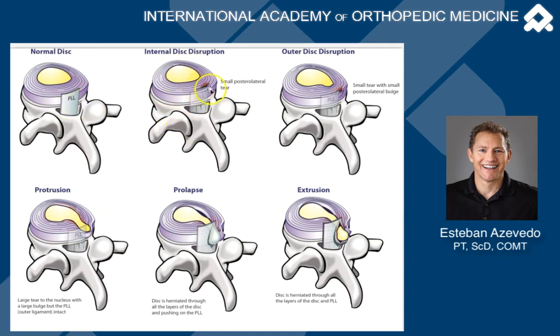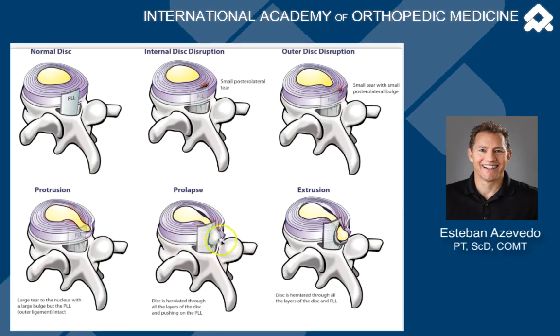Sometimes you get a tear in your disc, and that's called an internal disc disruption. When that tear gets larger, it's called an outer disc disruption. When the disc starts bulging, you hear the term bulging disc, it's one of these 3. So protrusion is a small disc bulge where it just nudges the nerve root coming out once in a while. A disc prolapse is a larger disc bulge.